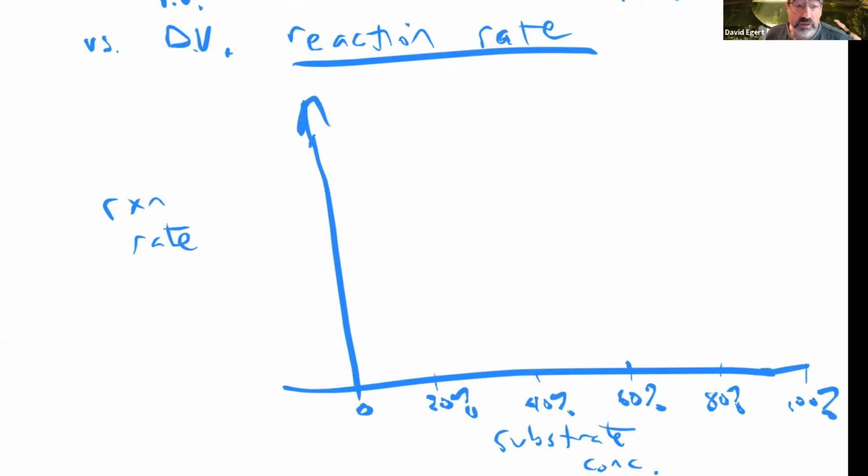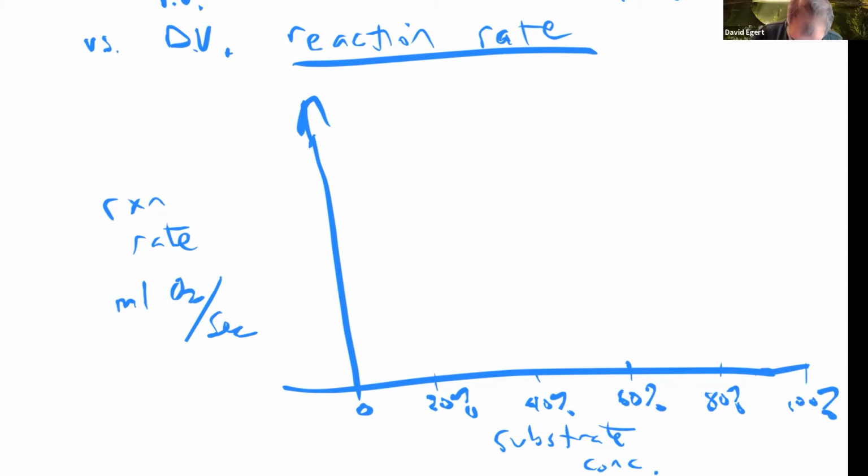For reaction rate, we said we're going to be using mils of oxygen per second. Like how quickly is oxygen showing up? Because oxygen shows up as hydrogen peroxide gets broken down.